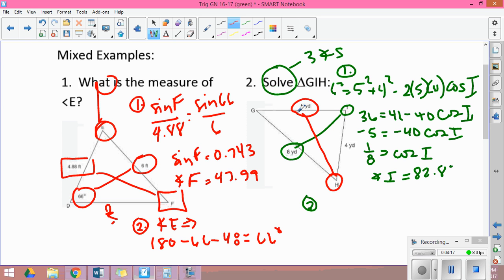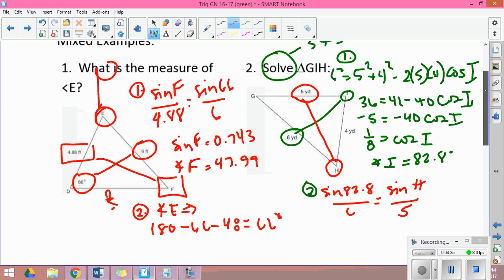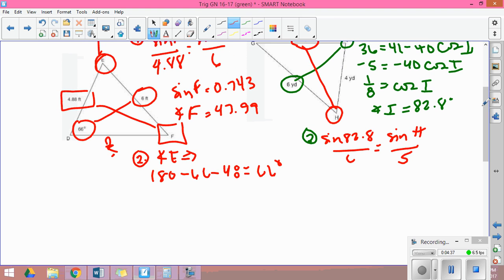Now, because I know I, I can switch to a law of sines. So I can say the sine of 82.8 over 6 would be equal to the sine of H over its side, which is 5. Now, could you use the law of cosines again? Yes. Most people would prefer not to do those kinds of calculations again.